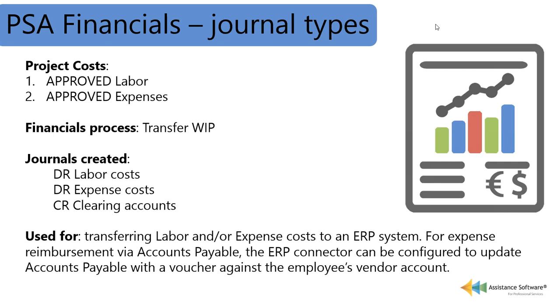As you know, with PSA, depending on the levels of approval that you have set up, labor transactions can be changed until they go through admin approval. And we need to be able to prevent transactions against which you're recognizing revenue from being changed. So we have introduced a control which requires at least admin approval to be turned on for labor and expenses.